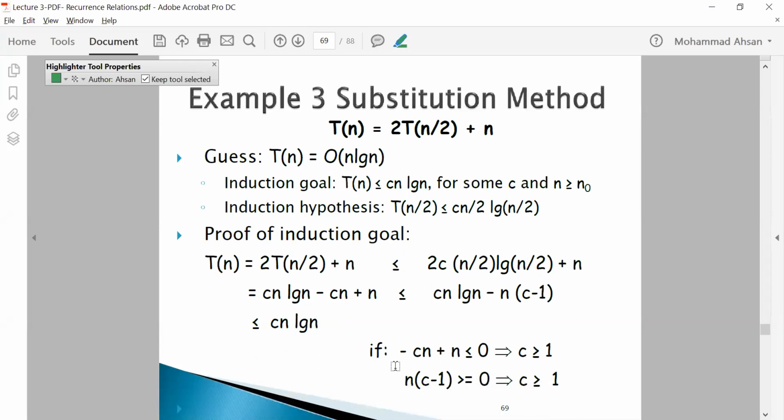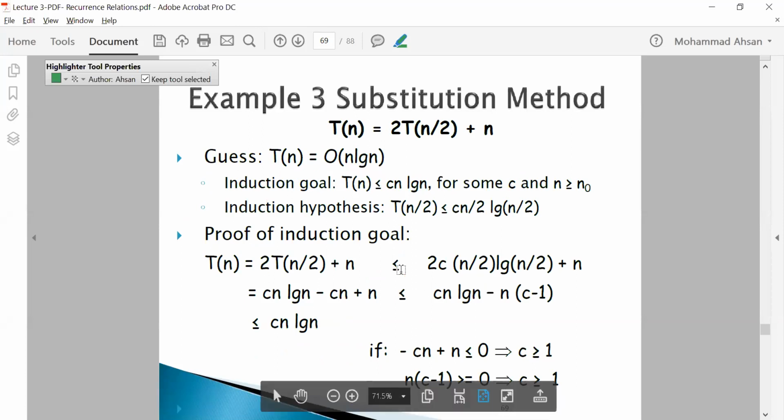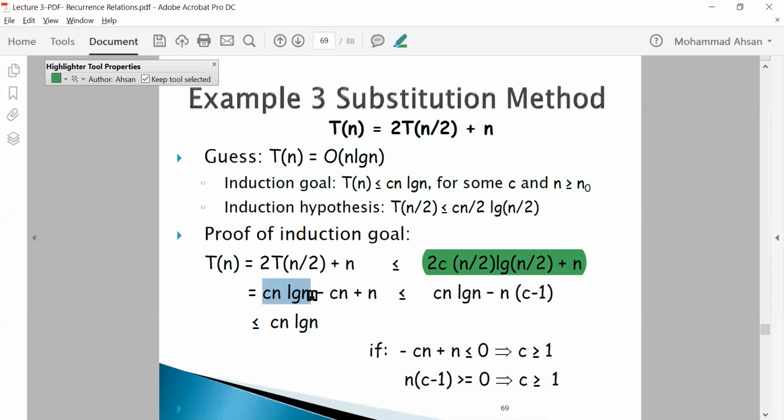Again, similar problem that we just now did. We are assuming it is n log n, which it is, and you have to prove that Tn is equal to twice Tn by 2 if it is less than this. So left hand side you substitute Cn log n minus Cn plus n. Okay. If you see this equation here, 2Cn by 2 log n by 2.